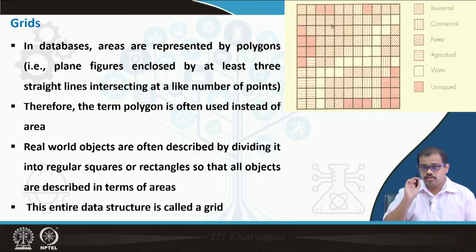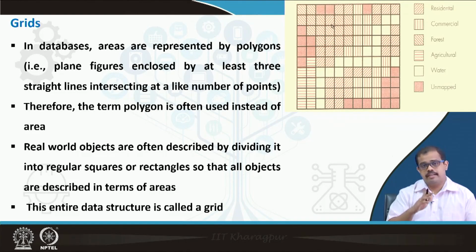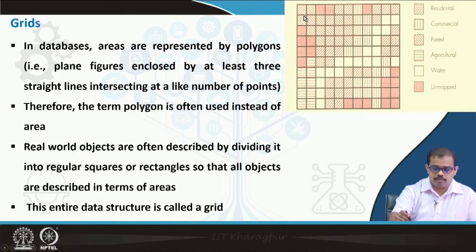Technically, when we talk about the vector model or a raster model, we use the terms point, line and polygon, and grids or pixels, etc. We do not use terms such as area. So these are a number of polygons that have been represented.